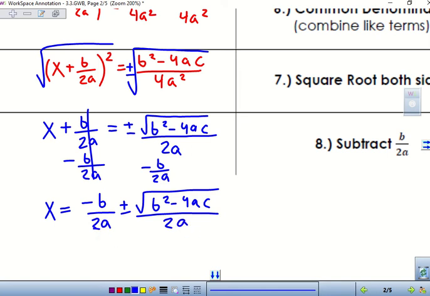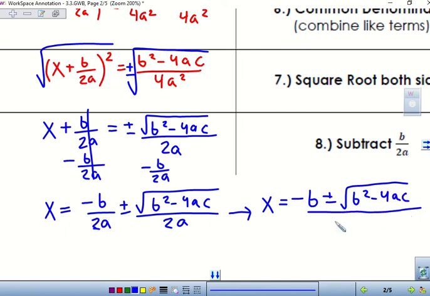I just subtracted b over 2a to the other side. Now, what do you notice about the two denominators of these two fractions? So I can write them as one big fraction, right? And does this look familiar now? So you just created the quadratic formula.